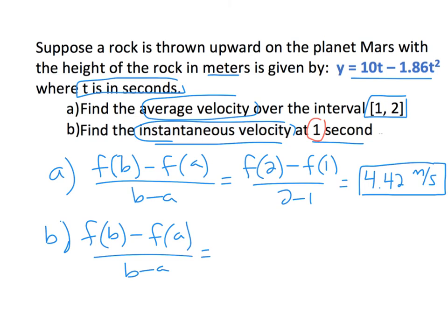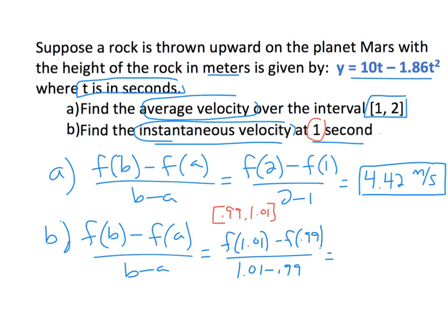So in this case, let's choose something 2 decimal places away. So again, let's choose 0.99 and 1.01 to explore this one. And so if I did average rate of change formula, f of 1.01 minus f of 0.99 all over b minus a, and use our calculator again, you should get an answer of 6.28 meters per second.